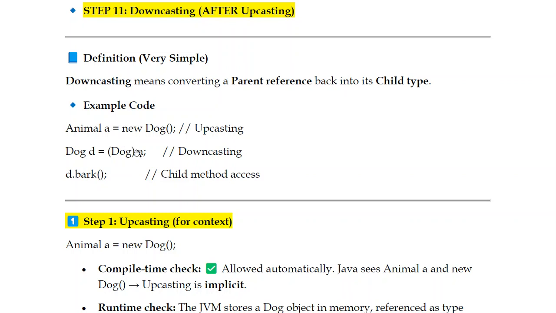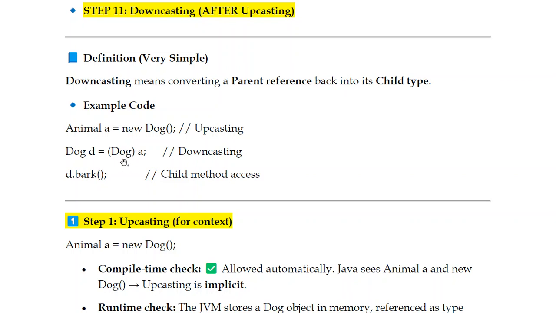A is the parent reference type. Now we are converting, like converting an integer to a float. Am I right? Type conversion means converting from one type to another. Now I'm converting this parent reference back to the child type.